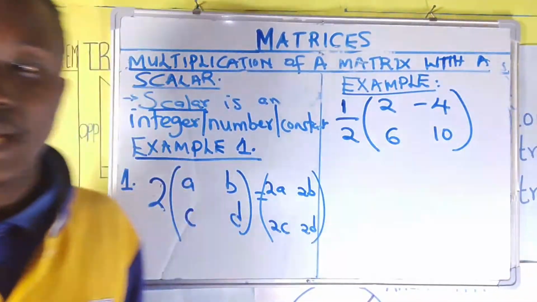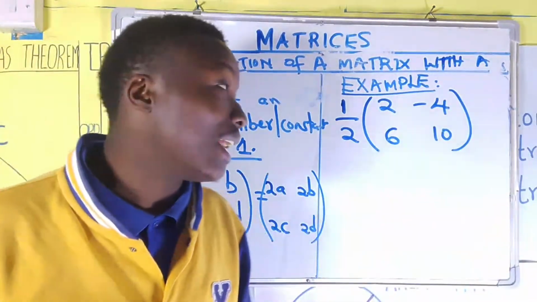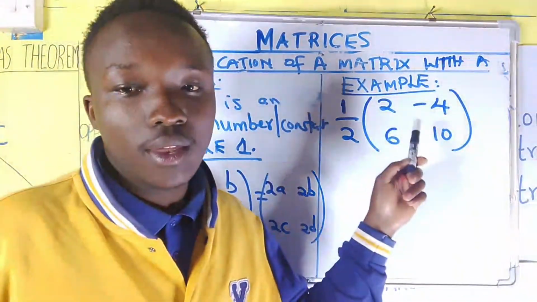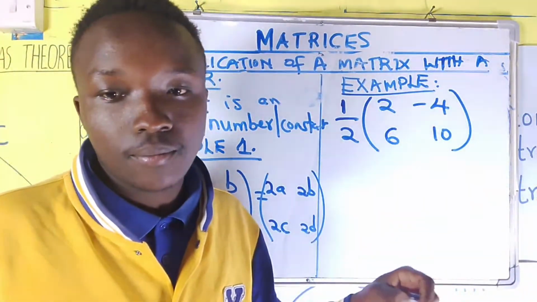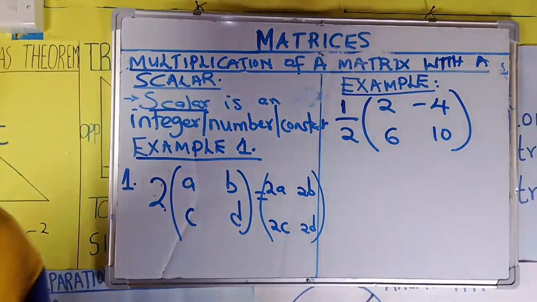How do we go about that one? As we have said, for us to multiply a matrix with a scalar, we are going to multiply the scalar with all the elements of the matrix.